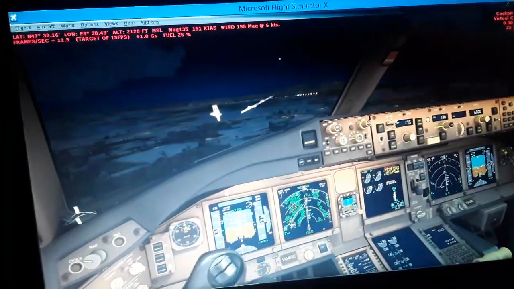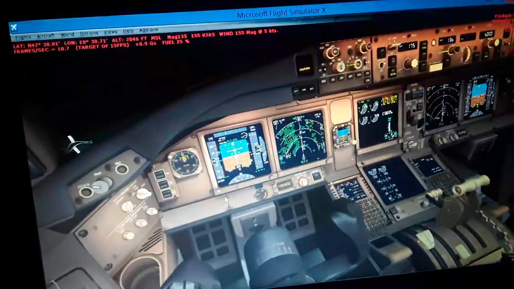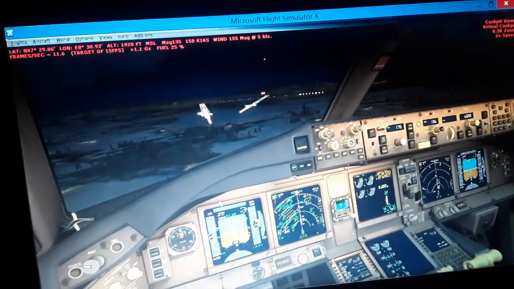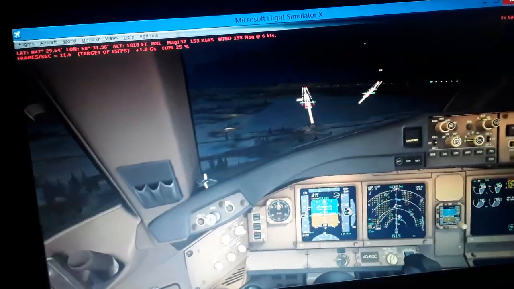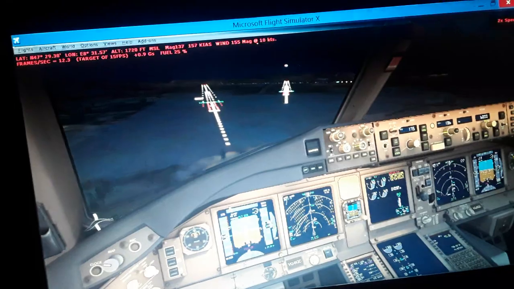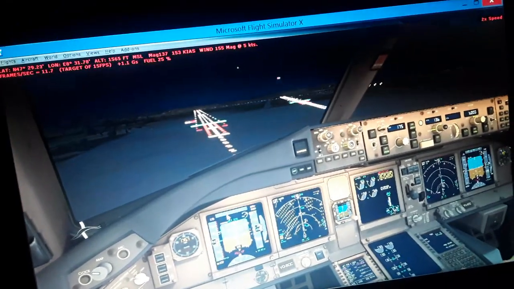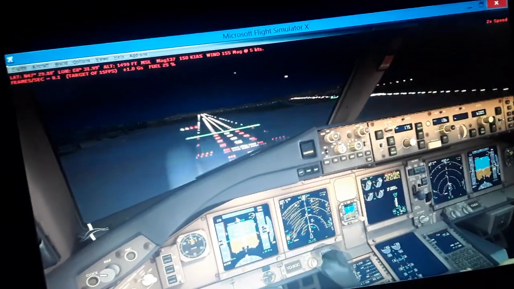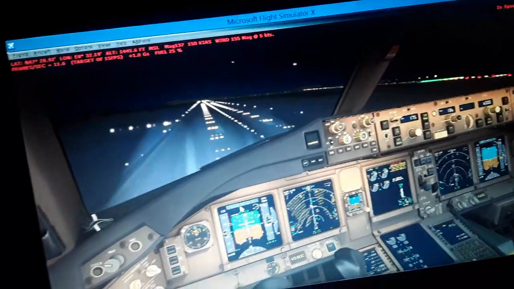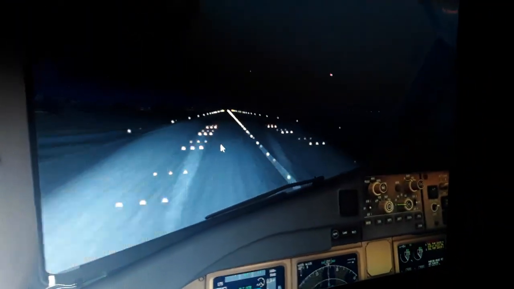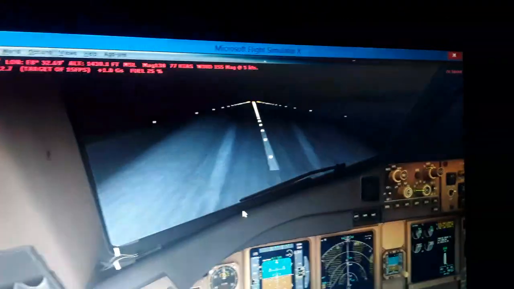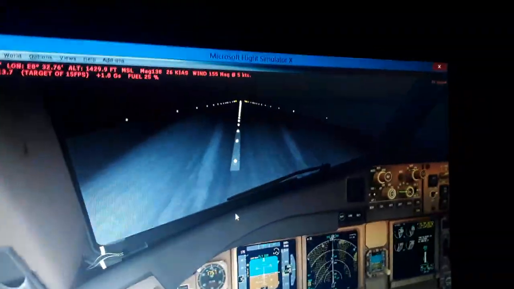The engines, the throttles, over here the flaps. So we're gonna slow down the engines. 50, 30, 20, 10. Parking brakes and reverse thrust. So this is how we land. Like this. We made a nice landing.